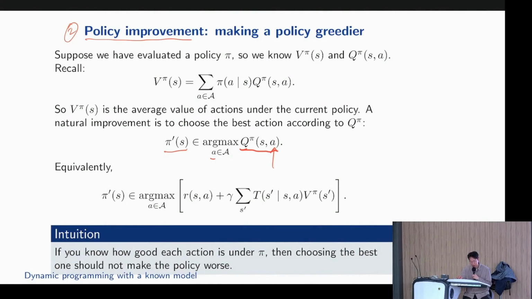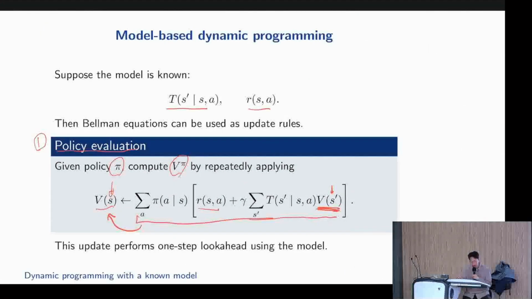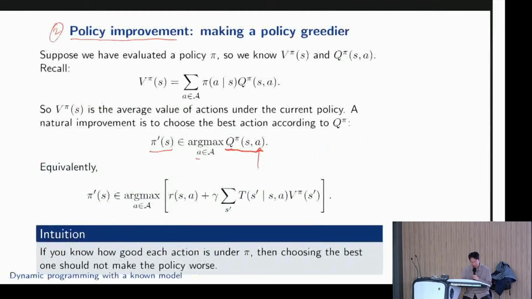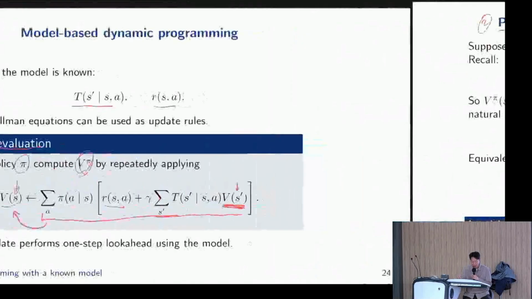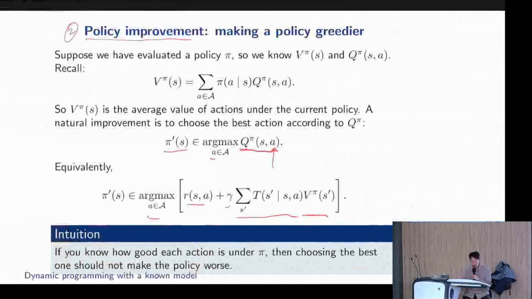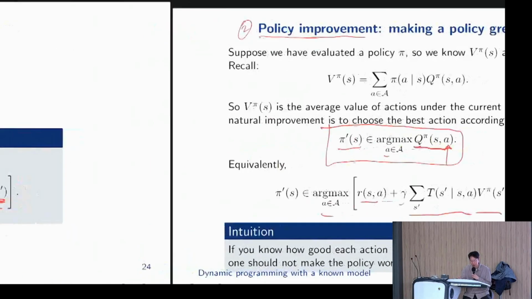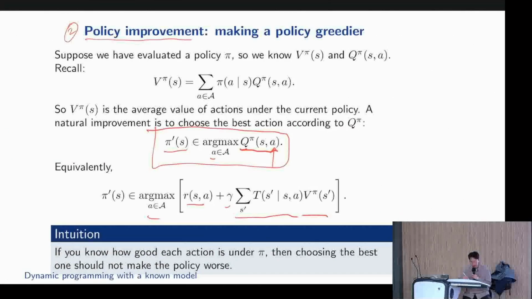Or equivalently, if you do policy evaluation on V pi, you can do argmax over A of the immediate reward plus discount times the expectation over the next state of V pi of the next state. Or you can do policy evaluation on the Q directly and use this equation instead. But if you do V pi, you can still incorporate the optimal policy this way.